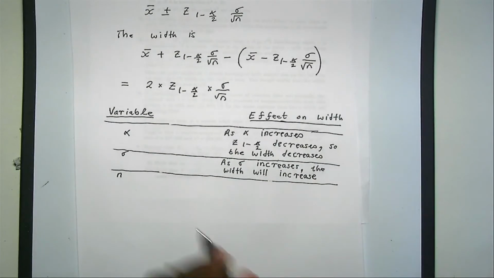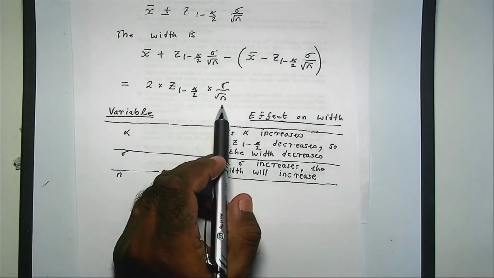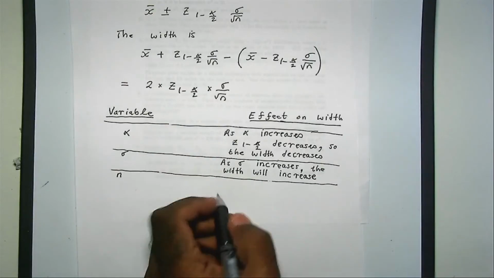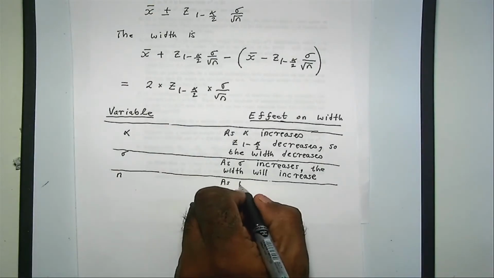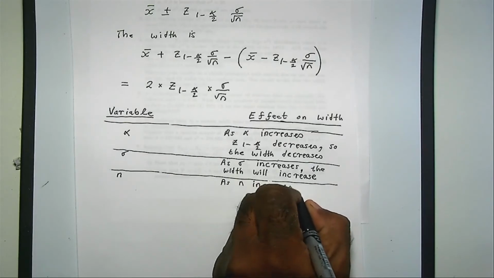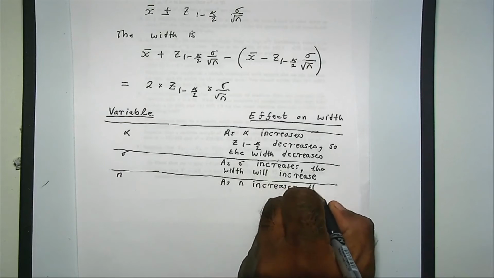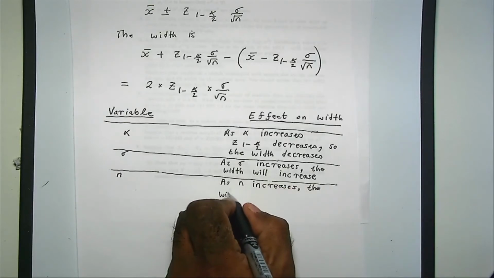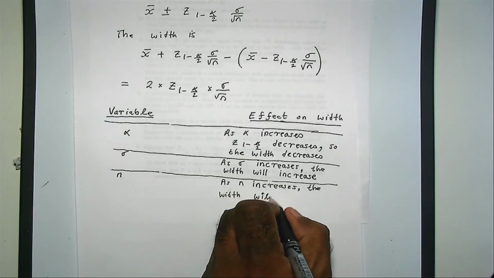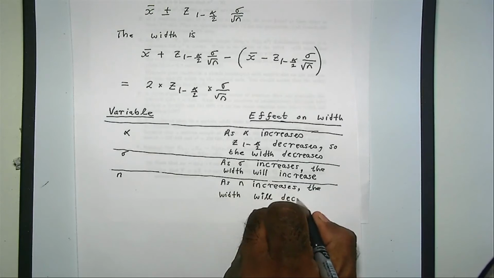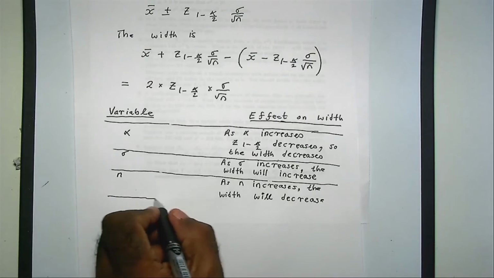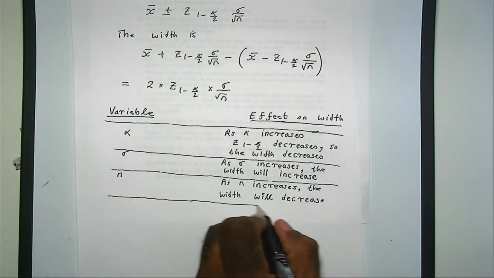And finally, as n increases, because you have n in the denominator, this will decrease. So as n increases, the width will decrease.